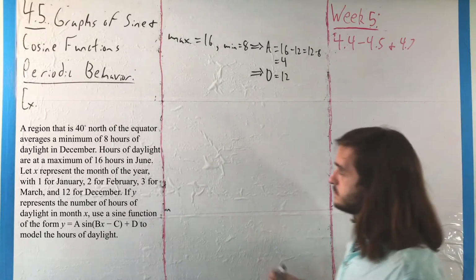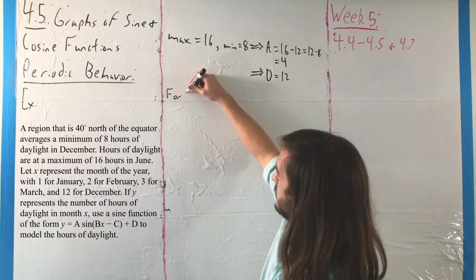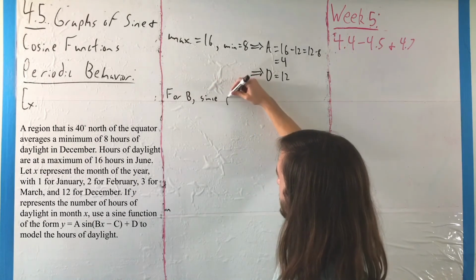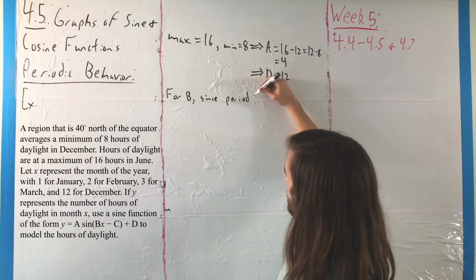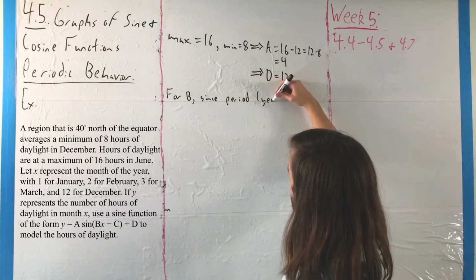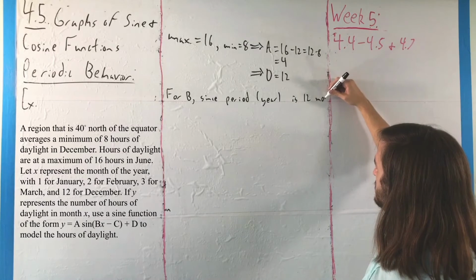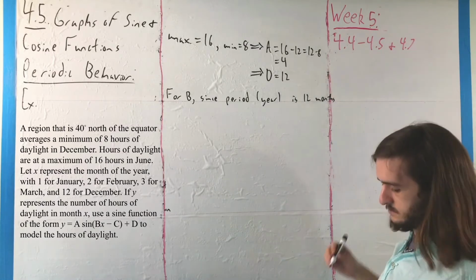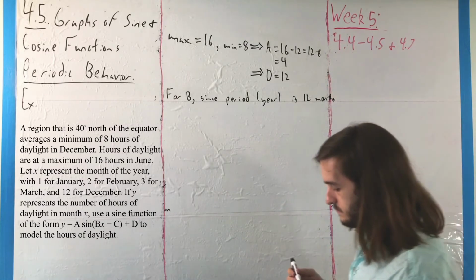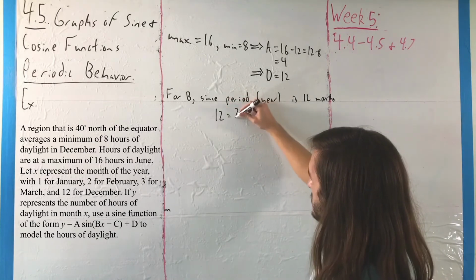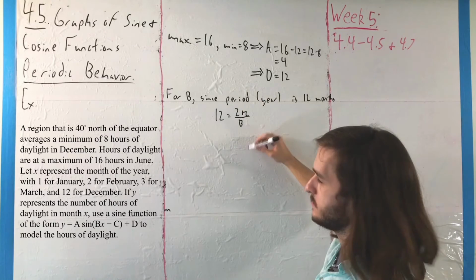To get B, since the period, that is a year, is 12 months, all we have to do is recognize that our period 12 is equal to 2 pi over b.